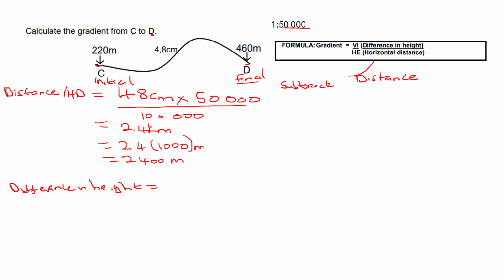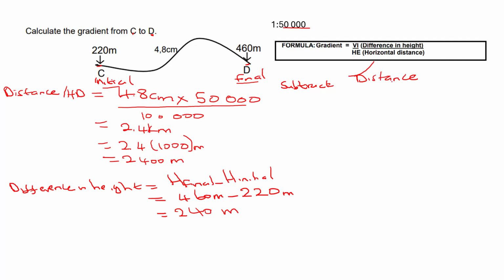We always start with the final minus initial, so the H final minus the H initial. Our final is 460 meters minus 220 meters. I press that on my calculator, 460 minus 220, and I get 240 meters.